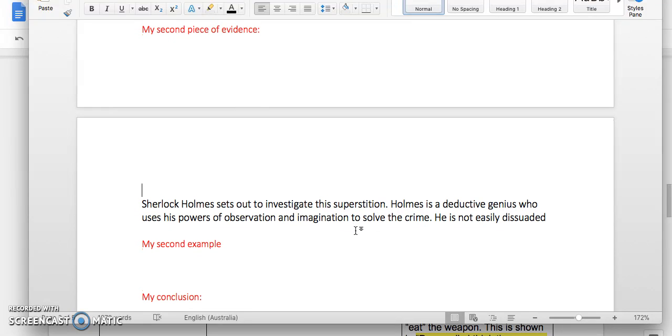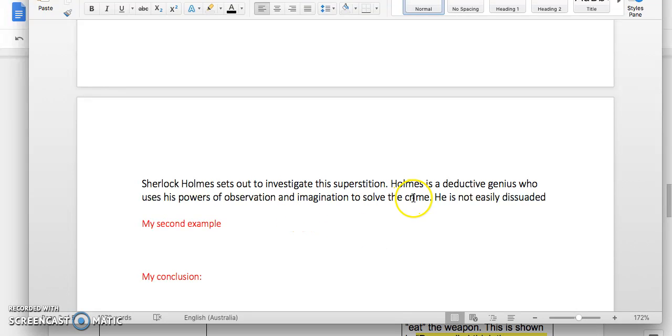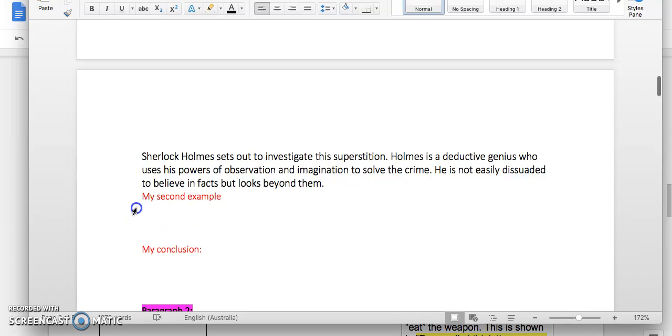I want it to flow. Holmes is a deductive genius who uses his powers of observation and imagination to solve the crime. He is not easily dissuaded, I'm missing something there, to believe in facts, but looks well beyond them.